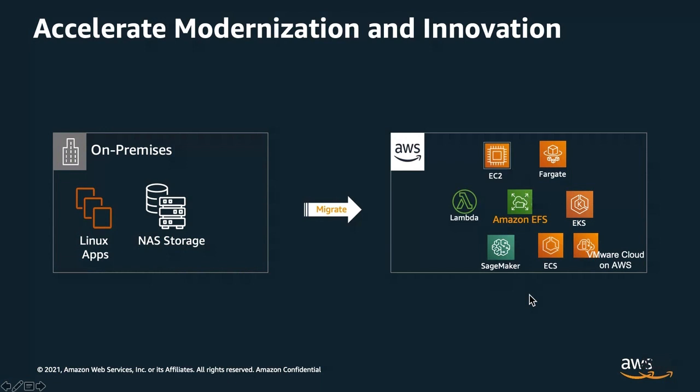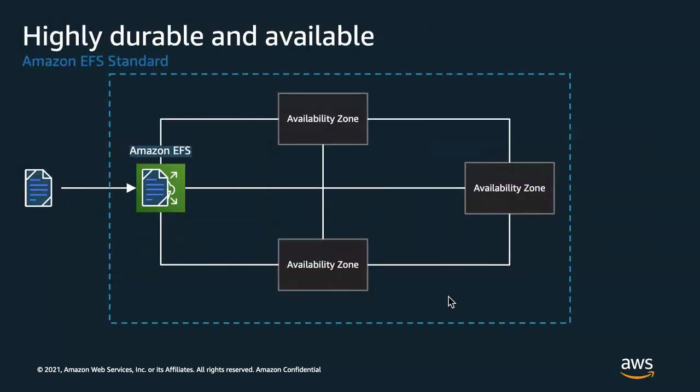So the important point I'm trying to highlight is to think of EFS not just as a data repository, but as deeply integrated with all these various services in AWS, so that you can monetize the data that you're storing in EFS. And that's where the richness comes out. So that's, at a very high level, what these tens of thousands of customers have been doing in migrating and modernizing the data.